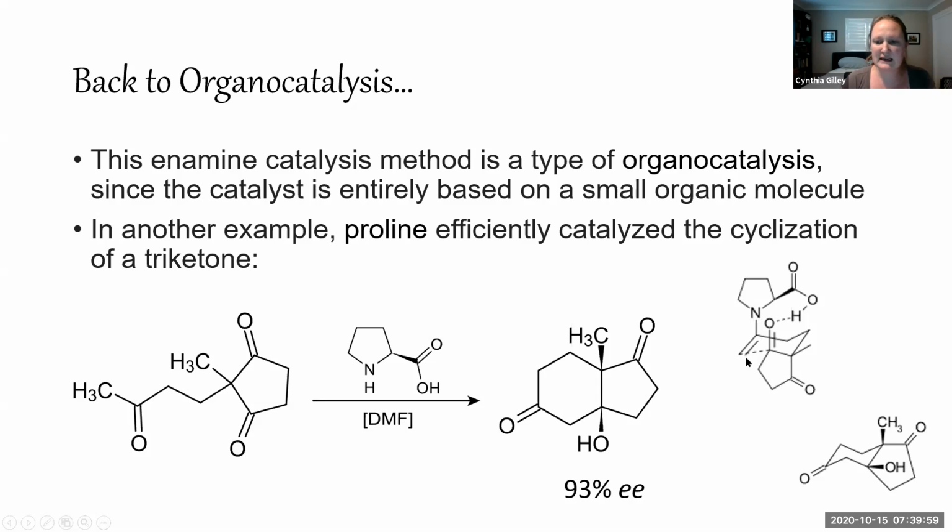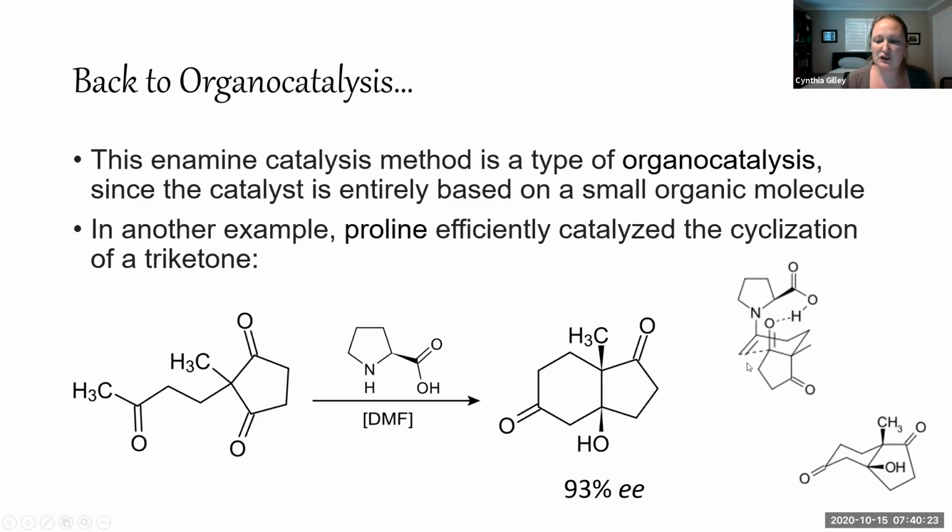Imagine this is the enamine, and here's the link to the other ring in the reactant. Imagine that this ring, which contains a dione, could sort of come out of the plane of the paper and in front of the enamine, or it could swing behind and be behind the enamine.